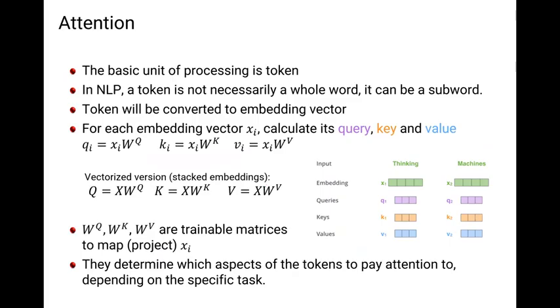So let me just briefly introduce how it works. Again, we'll stick to the linguistic example. So these are words. In NLP applications, a token can be a word, for example, like this, or a subword, depending on how you form the token. Each word or subword token will have an ID, but it has no meaning to the machine.